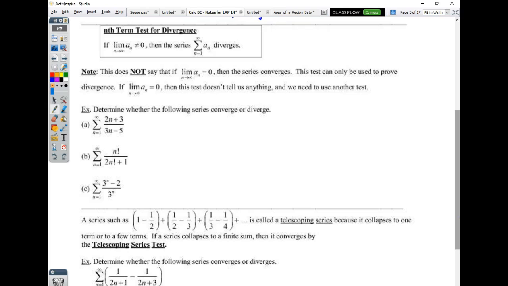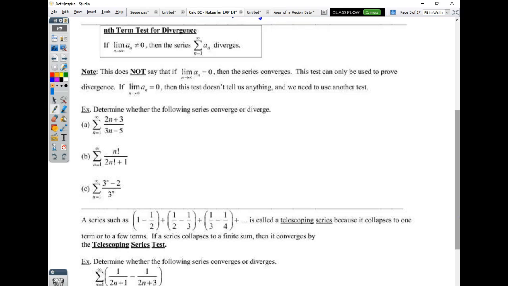Nth term test for divergence. The nth term test for divergence is going to be the smallest test that we're going to have to deal with. All right? And the nth term test for divergence says this. If we have some sort of series, what I can do is I can actually look at the sequence, a sub n, and if I take the limit as n approaches infinity of the nth term of the sequence, and that equals anything but 0, my series diverges.